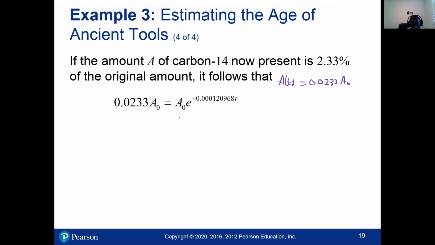Again, we divide both sides by A naught, that's the original. That cancels, so you have 0.0233 equal to e to the negative 0.000120968T. So take the natural log on both sides, just like we've been doing.